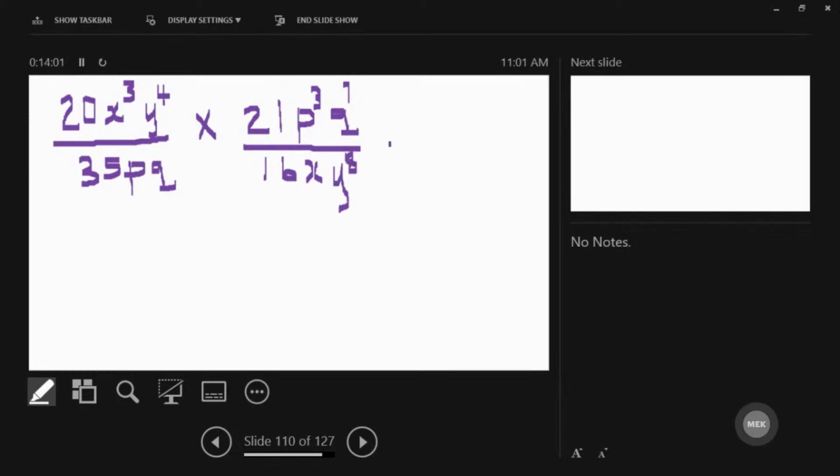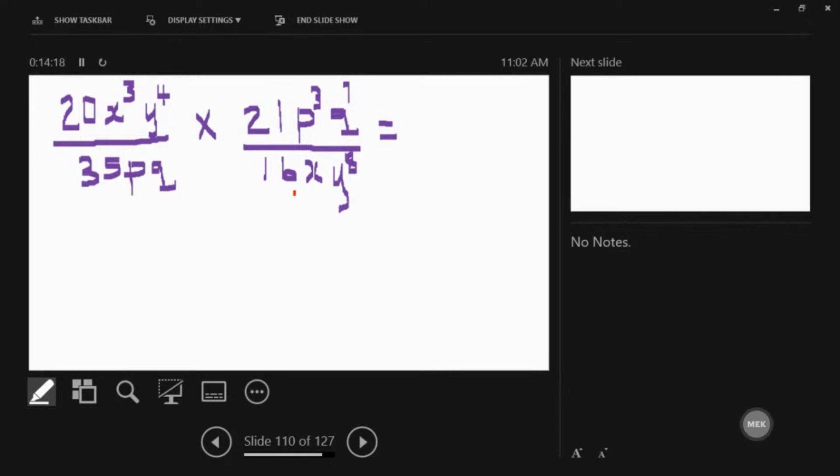So let's see what we're left with. We're looking top to bottom or diagonally for what we can cancel. We can start by canceling the coefficients first, the numbers.